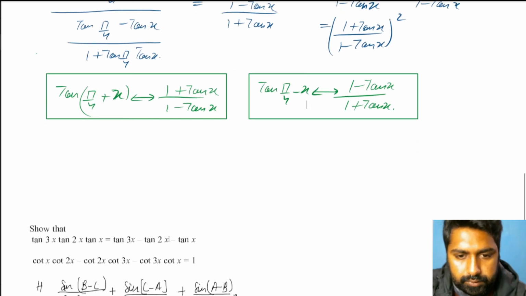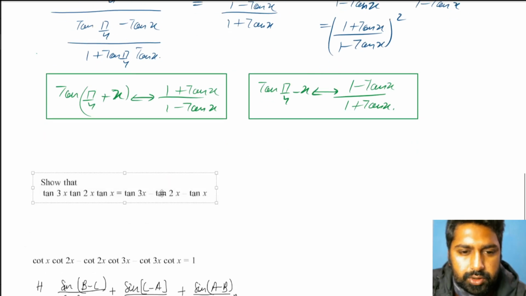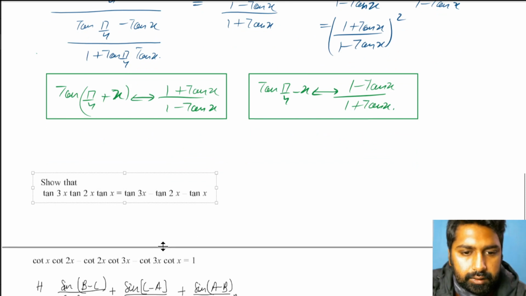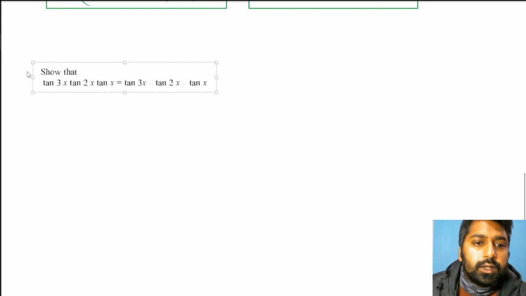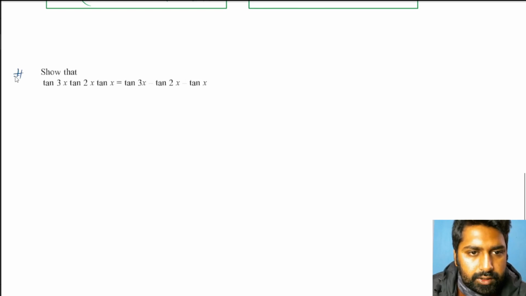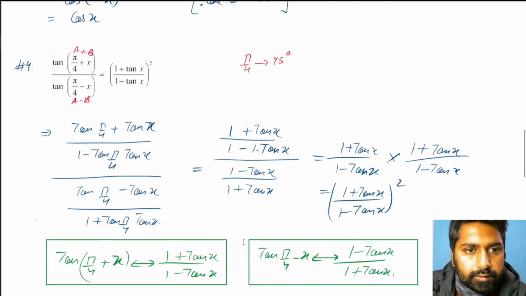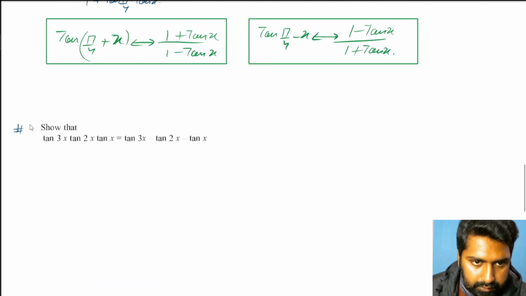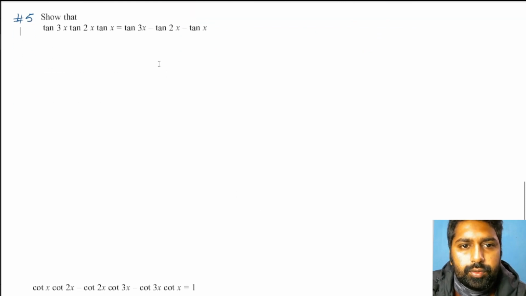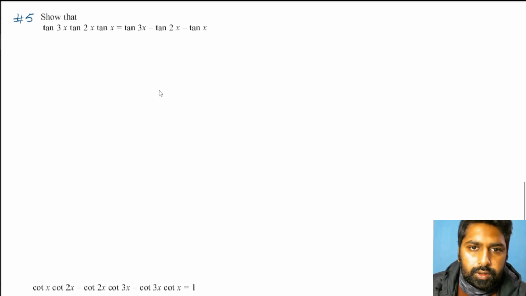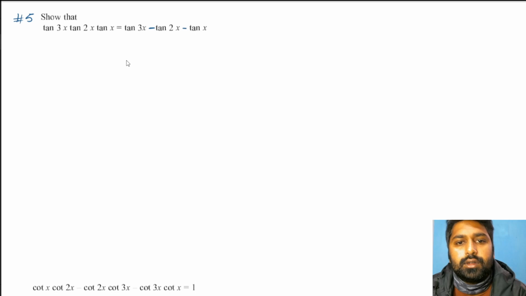All right, now one very particular kind of question, very interesting kind of question in fact, is this one, a unique kind of question which makes Trigo actually difficult. This is question number 5. Now he is asking you to prove tan 3x, tan 2x, tan x is equal to tan 3x minus tan 2x minus tan x.